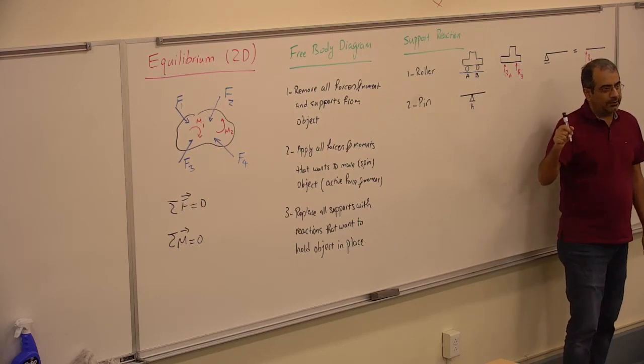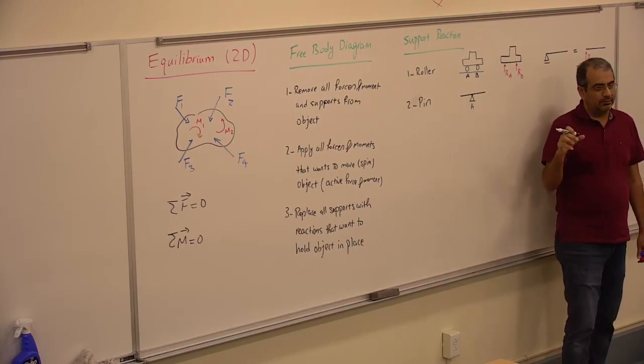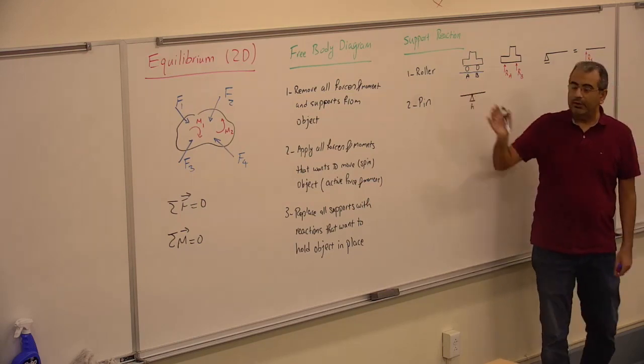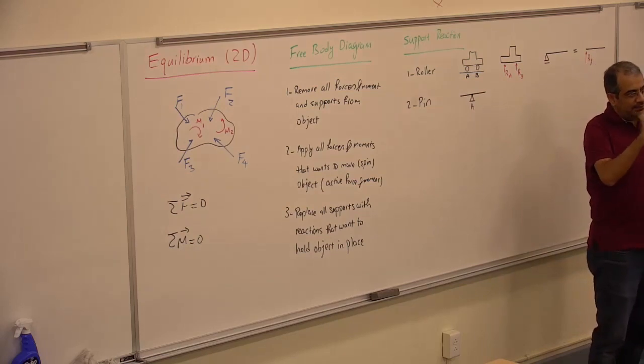About point A, that point A doesn't let it go to the left or right. It doesn't even let it go up and down, but it lets it spin, right? So that's the pin. Roller only restricts the motion in one direction. The pin restricts the motion in two directions.